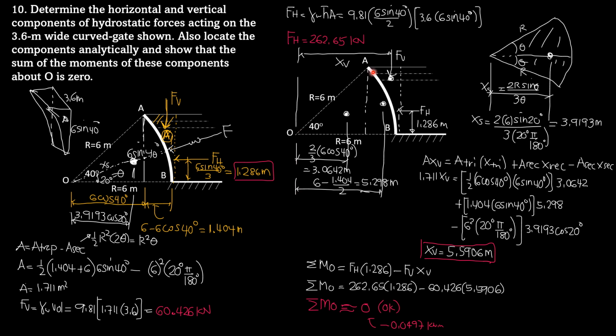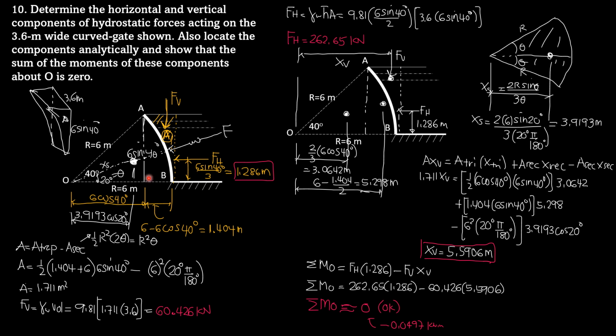In other words, that's already the trapezoid times x bar. We just break the trapezoid into triangle and rectangle so that we can easily locate the centroids. Then minus the area of the sector times x of sector.